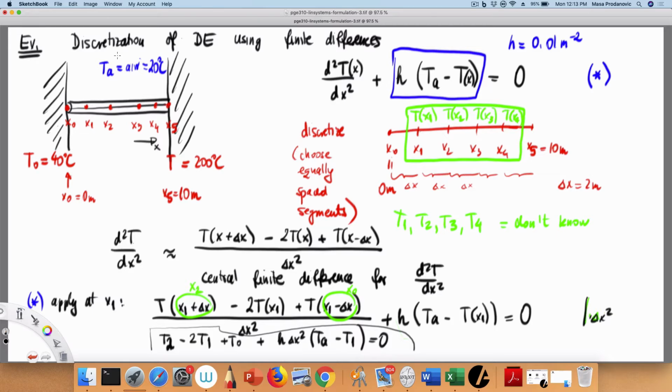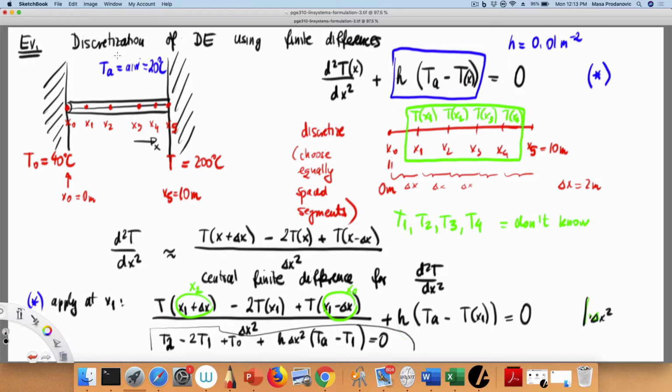Okay? Then I'm going to move forward, and I'm going to have t of x4 minus 2t of x3 plus t of x2 divided by delta x squared, plus h times Ta minus t of x3. So I'm going to have a linear relationship between T4, T3, and T2.